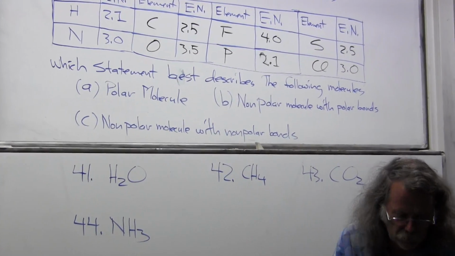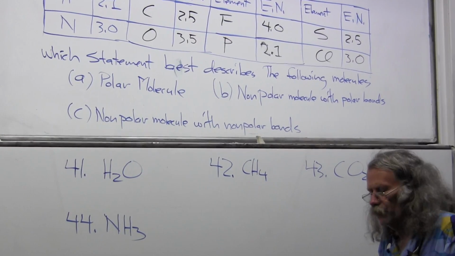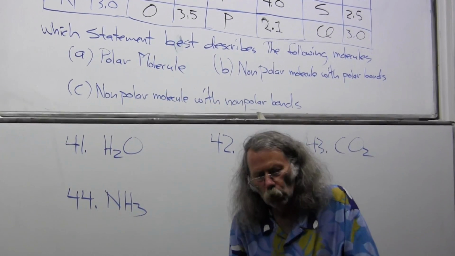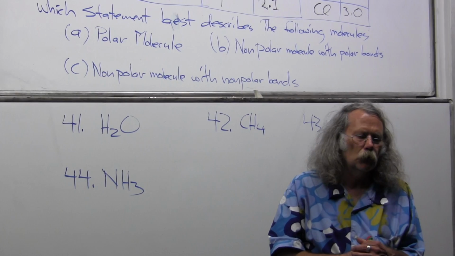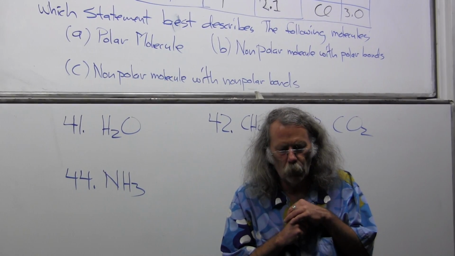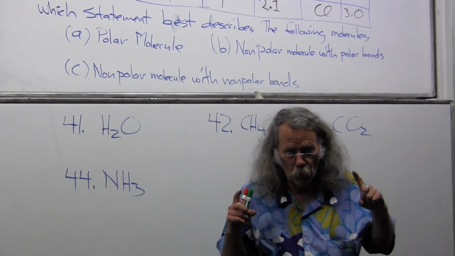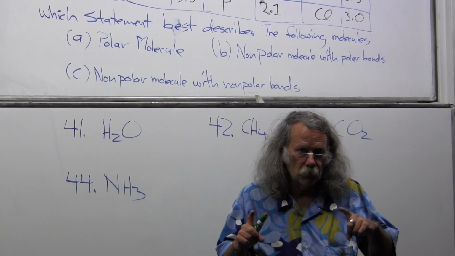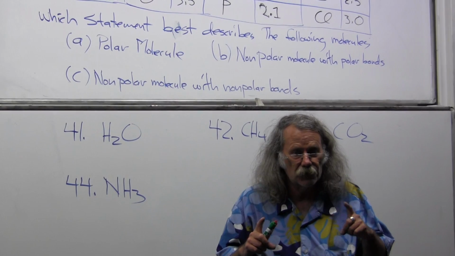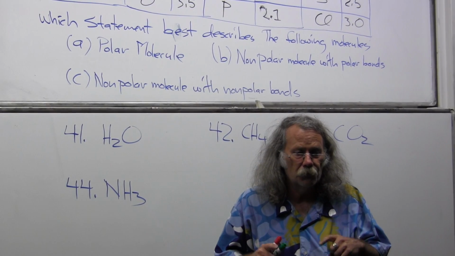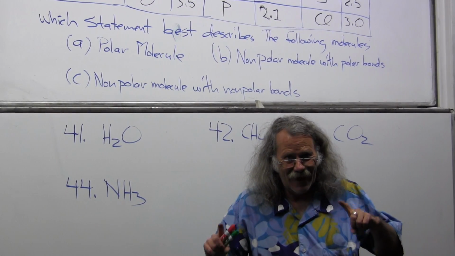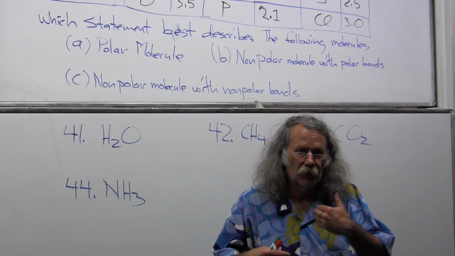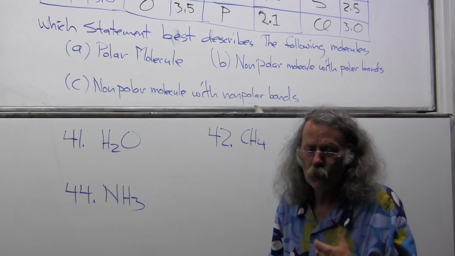First, what is the criteria for a polar molecule? A polar molecule is going to require that there are polar bonds, and that these polar bonds have to be arranged in such a way that the bond dipoles add together and give a non-zero resultant, the same way that vectors would.